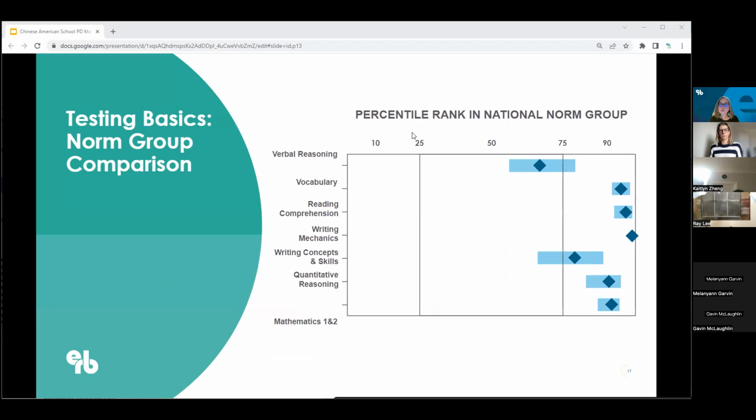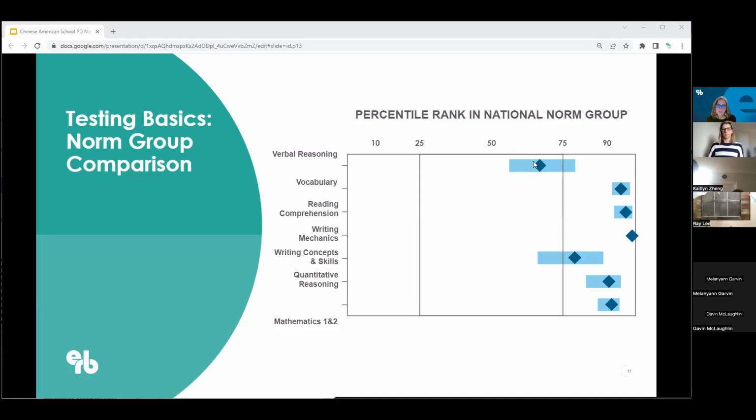This is percentile rank. Here the blue diamond represents a student's actual score on the particular subtest, in this case verbal reasoning, whereas the band that surrounds that blue diamond is the range that we would expect that student to perform in if they were to take that same subtest, same content but different questions, or on a different day.